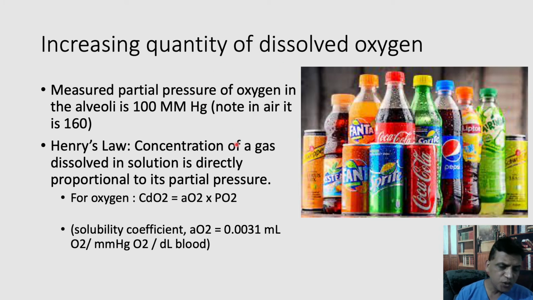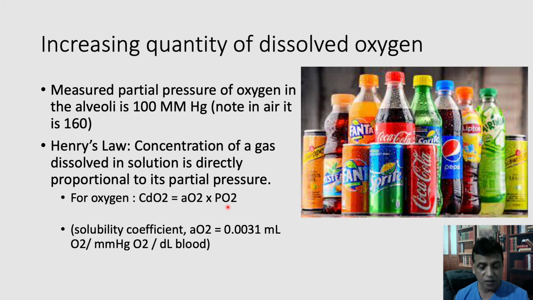So when it comes to hyperbaric oxygen therapy, let me draw your attention to this equation here, which shows the amount of oxygen dissolved in solution is equal to the solubility coefficient of oxygen, which is 0.03 mils of oxygen per millimeter of mercury per deciliter of blood, multiplied by the partial pressure of oxygen.